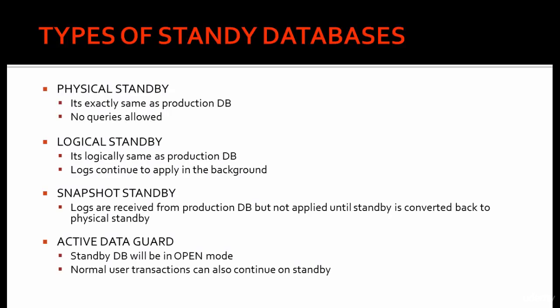Okay, I have Active Data Guard, but why can't I use the same concept in other types of standbys? Now there is a slight flavor of every standby which makes it special. When we are configuring those standbys, we'll once again look into the benefits and disadvantages. So more on the types of standby, when we are configuring each standby, we'll understand.